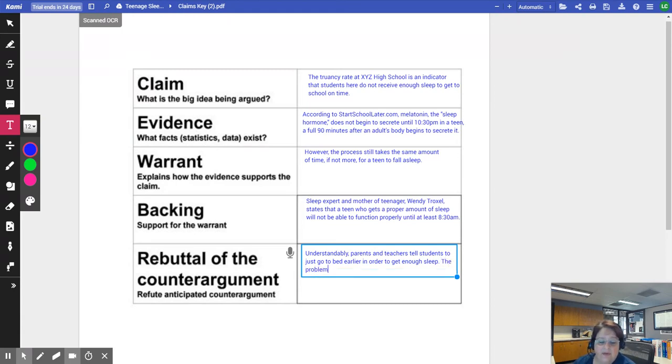The problem is adolescents, I don't want teens in there too many times, simply cannot force their bodies to go to sleep any earlier.